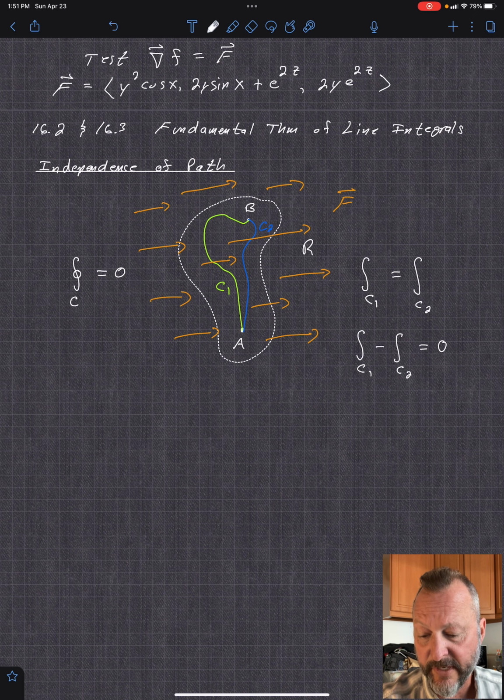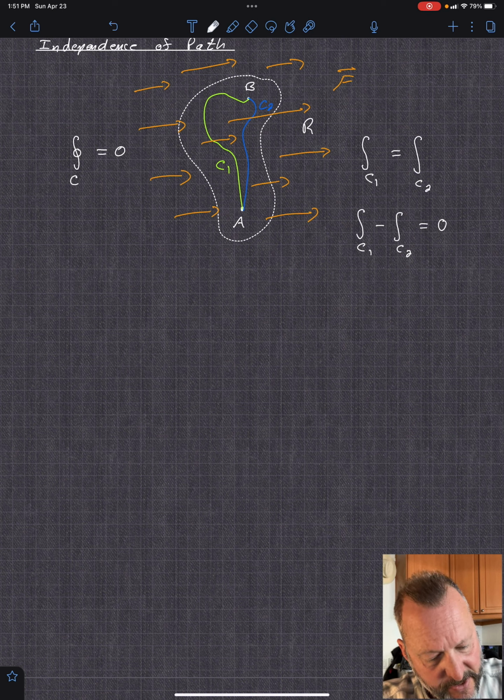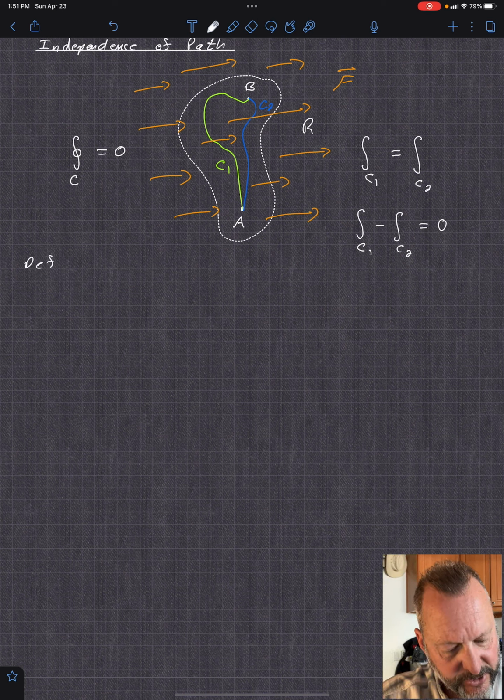Now let's get a little more careful and define them. Here are a few definitions.